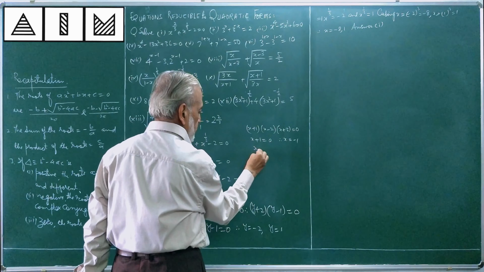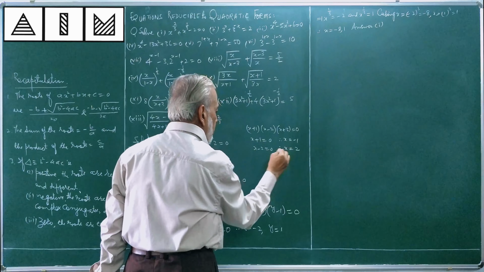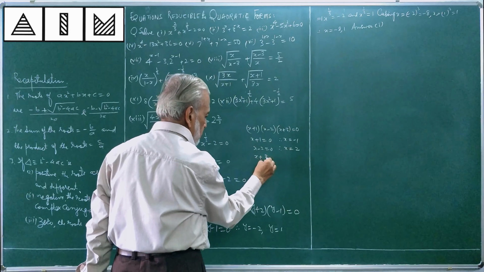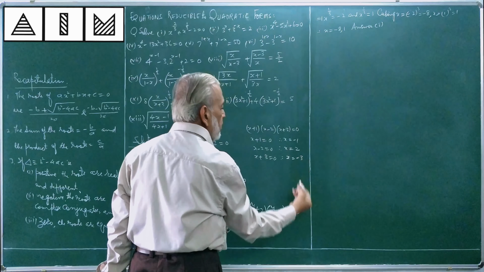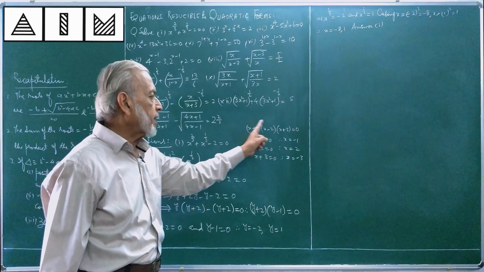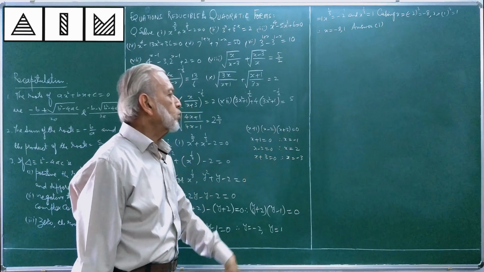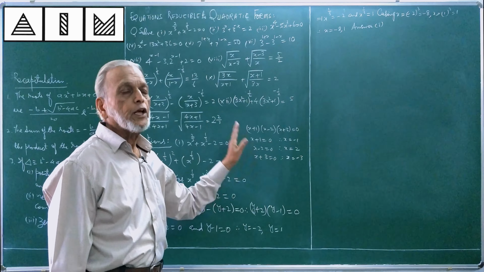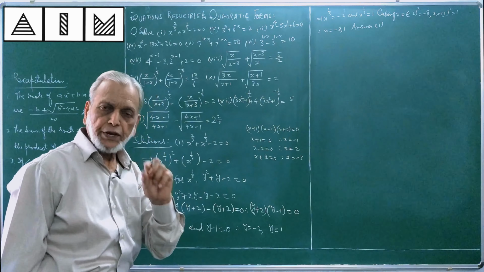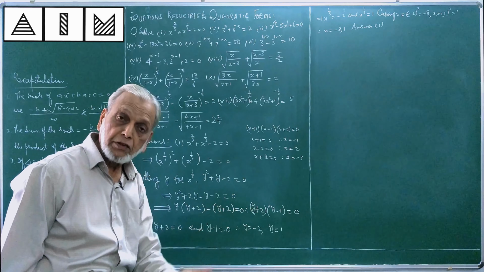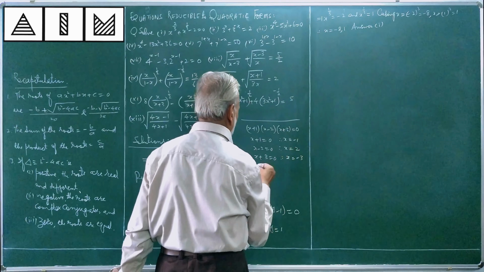Let us take x minus 2 is equal to 0, giving x is equal to 2, and x plus 3 is equal to 0, similarly giving x is equal to minus 3. It can be checked. This product will become 0 for x is equal to minus 1, or for x is equal to 2, or for x is equal to minus 3. So remember, whenever the product of 2 or 3 factors is equal to 0, we equate each factor to 0 because any one of them can be 0. This part please remember, it may be useful somewhere.